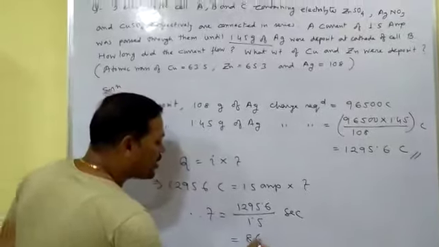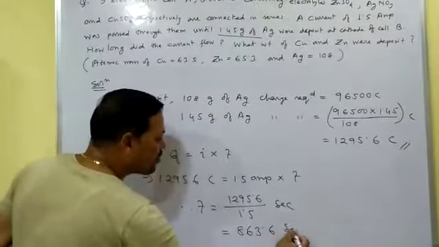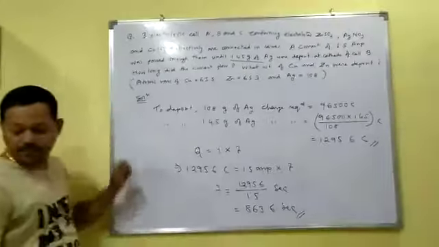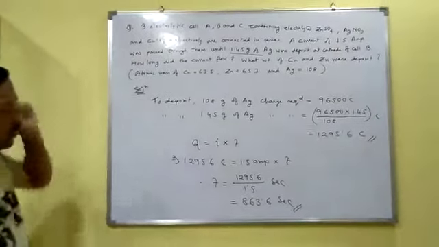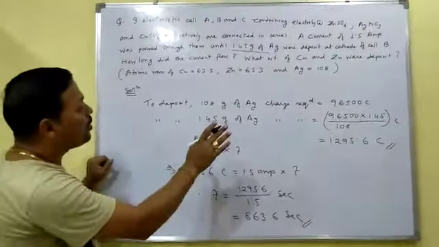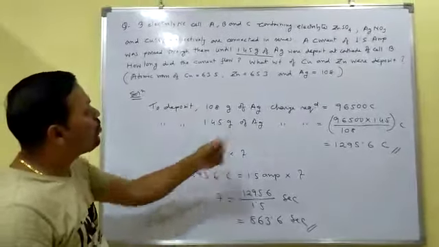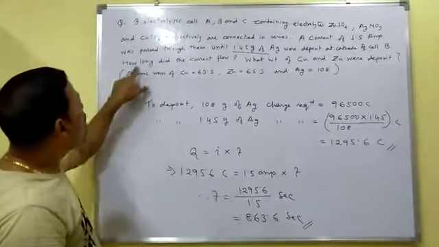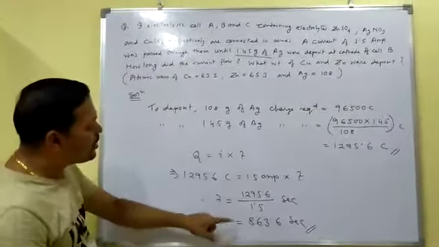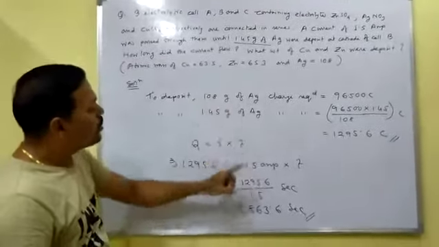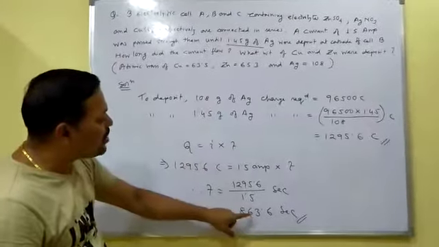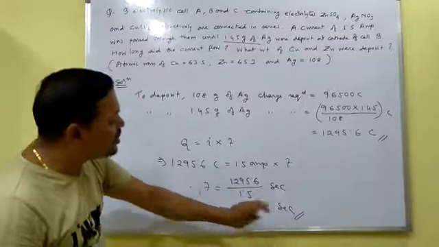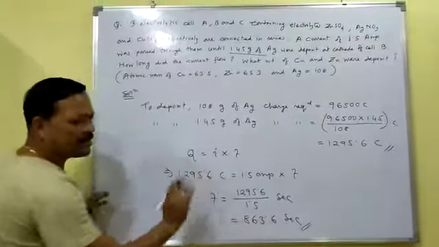So you will get 863.6 seconds. This is the time required to deposit 1.45 gram of silver. So how long did the current flow? We have found the time: the time required to deposit 1.45 gram of silver is 863.6 seconds. So this is one of the answers, the time.